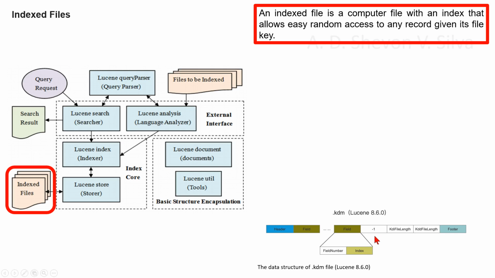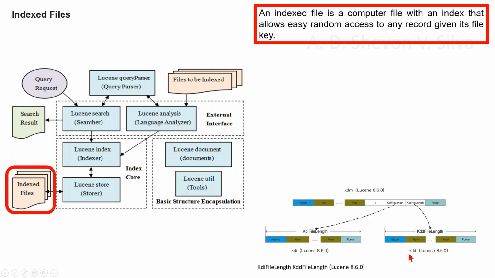Here you can see a .kdm file consists of header and fields and -1, and KDI file length and KDD file length and footer, and field consists of field number and index. Here you can see KDI file length and KDD file length.